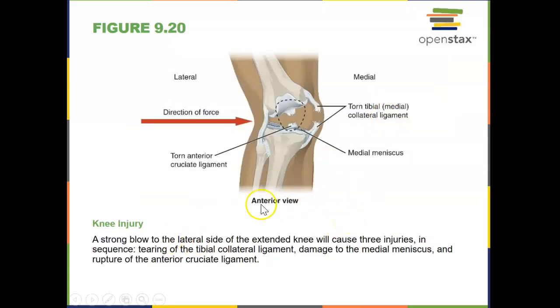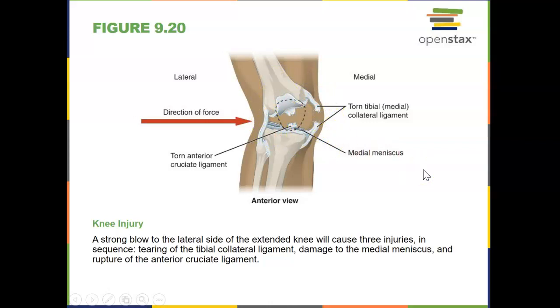Other injuries would be, for example, a tear of the meniscus or a tear of one of the cruciate ligaments. We have the lateral and the medial. So let's say, for example, a football player gets tackled from the back, and for some reason there's a blow to the back of the knee. That blow can cause a tear in the tibial medial ligament and potentially the anterior cruciate ligament, breaking up the entire capsule cavity.